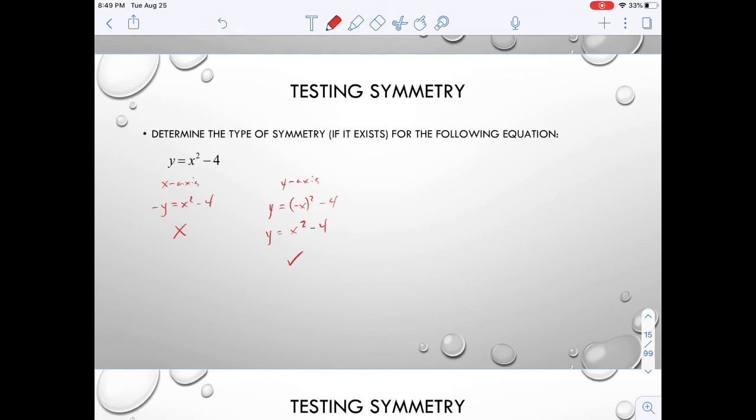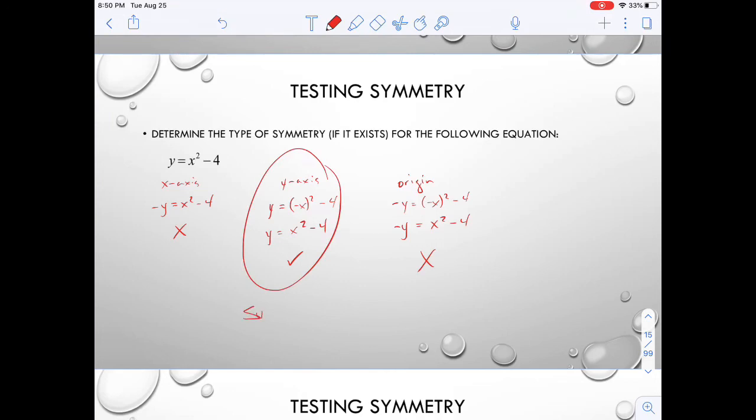If I go to check origin symmetry, and I replace both, I'm going to have the opposite of y equals the opposite of x squared minus 4. The left-hand side of my equation, I'm still going to have the opposite of y, equals x squared minus 4. So even though part of my equation went back to the original, I don't have the complete original equation. So the only type of symmetry I have here is going to be y-axis.